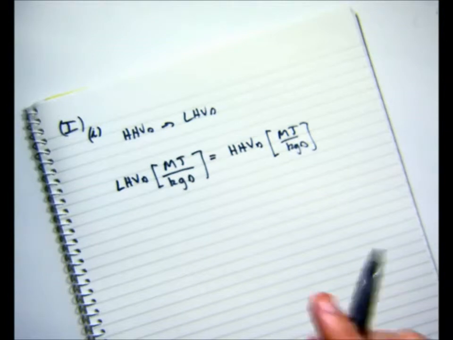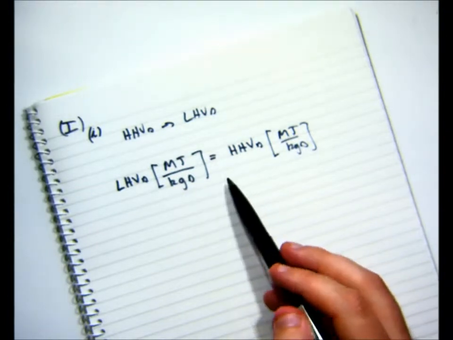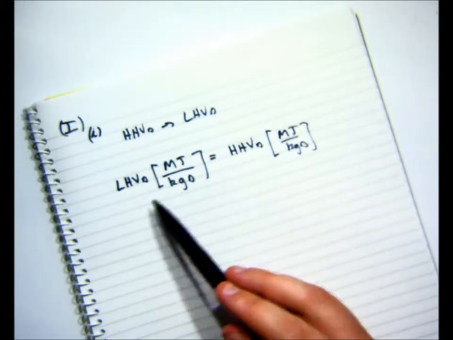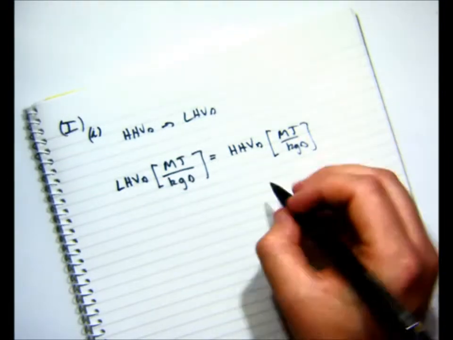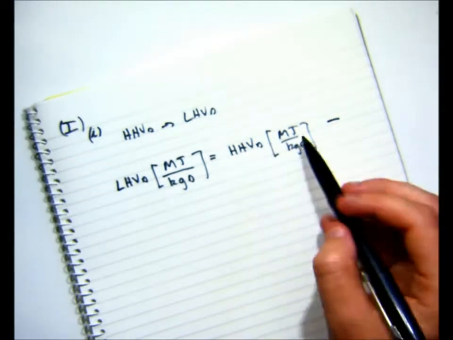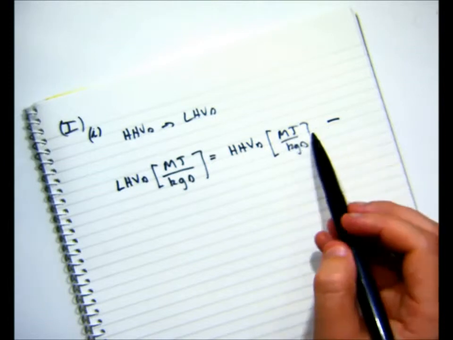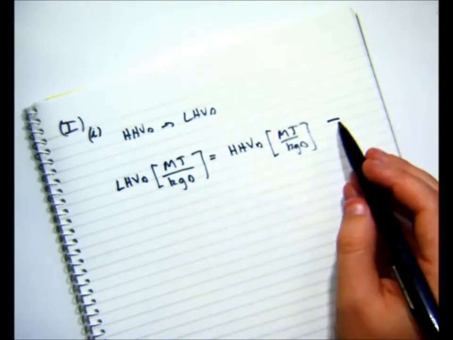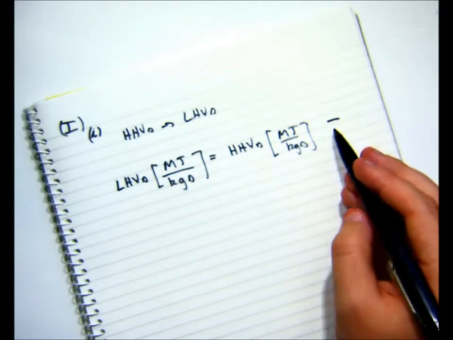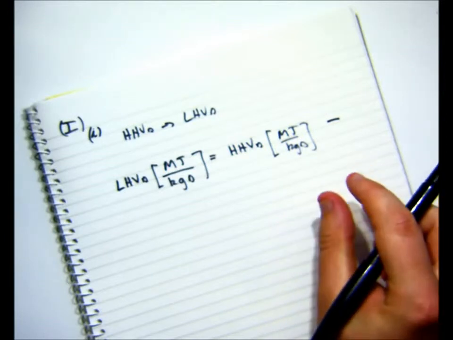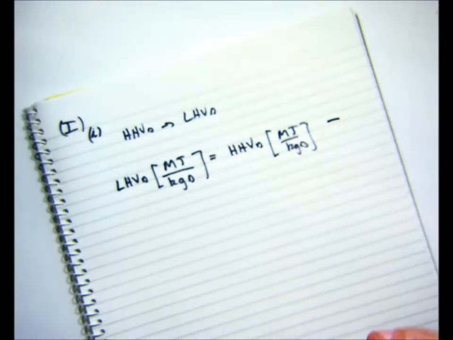So starting off, we can see that both sides have the same dimensions, so that's a good start, but clearly these things aren't equal. The lower heating value is going to be lower, so a minus sign, than the higher heating value. There's some term here that accounts for an energy loss when you're going from high heating value to lower heating value. From what I was talking about before, this is going to be due to the energy associated with the vaporization of that water in the product gas.